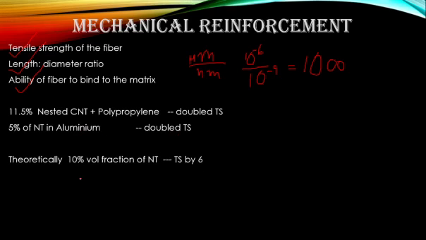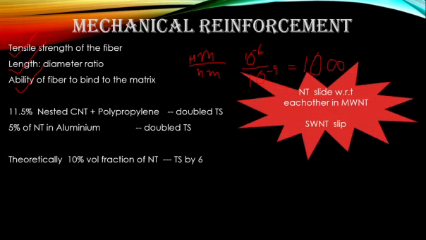Theoretically, even 10% can multiply the tensile strength of the material by 6 times, but practically it is not obtained because these nanotubes slide with respect to each other in multi-walled nanotubes, and if you are using single wall nanotubes, the carbon nanotube will slip about the matrix, so that will decrease the tensile strength compared with the theoretical value.